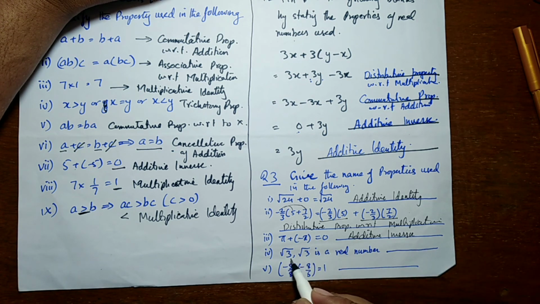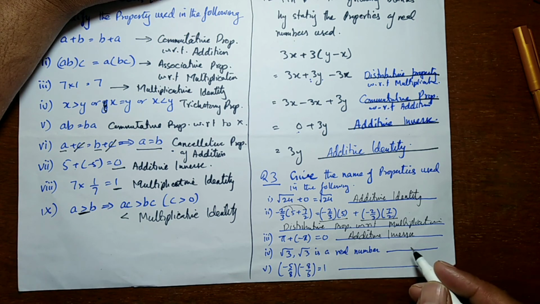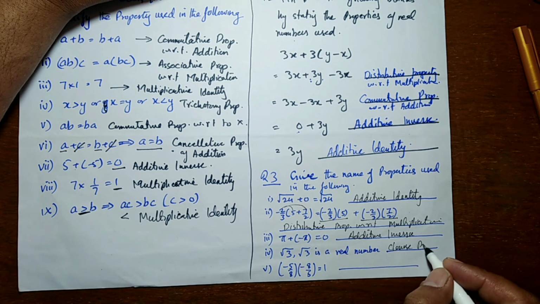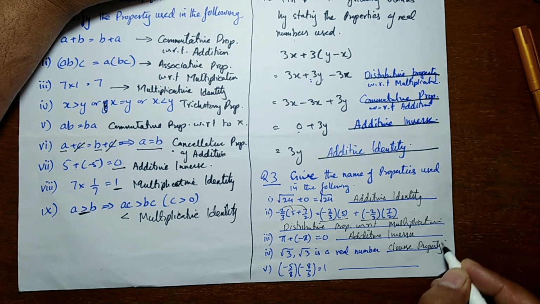Okay. Now root of 3 is a real number, so that is closure property. When you mention the name of a number, or when it's just a real number, it's called closure property. Okay.